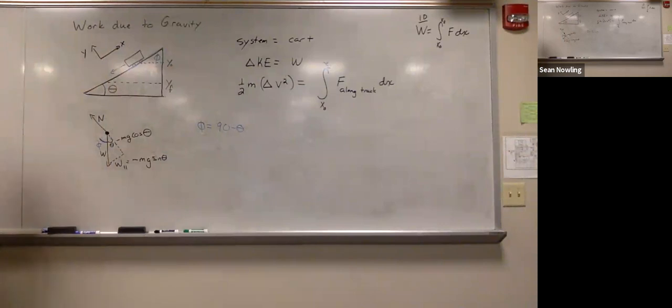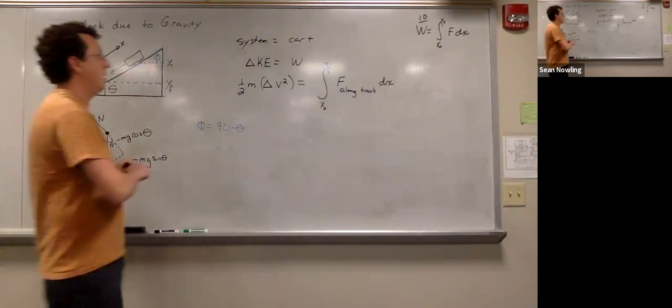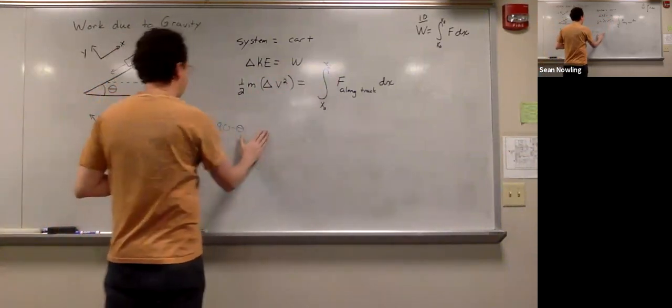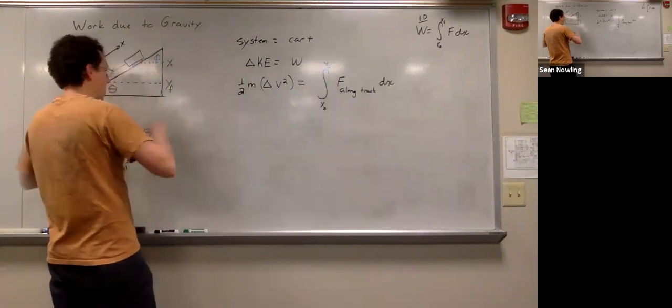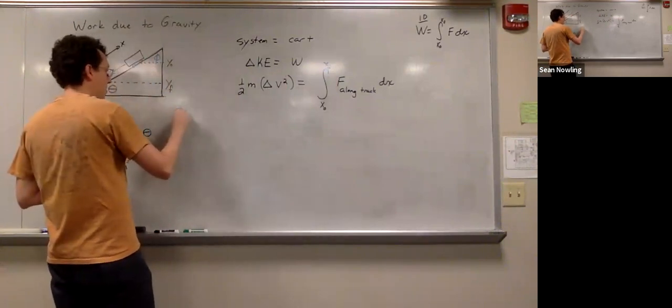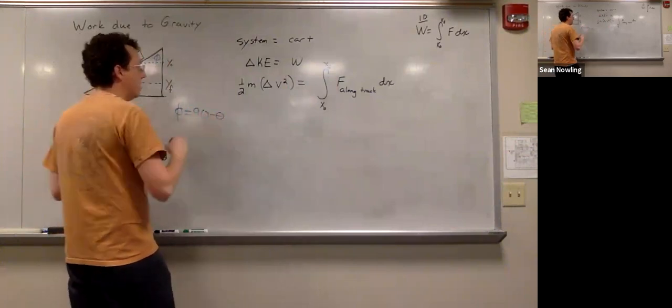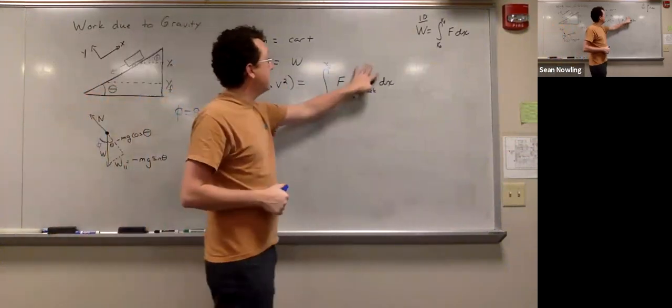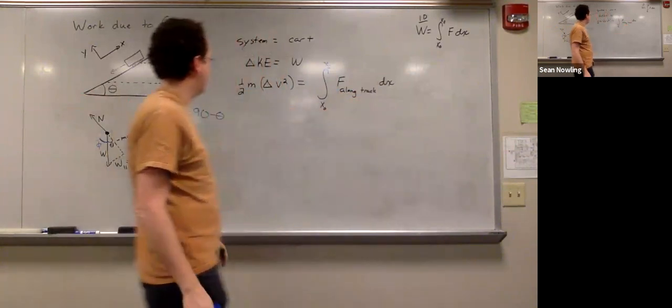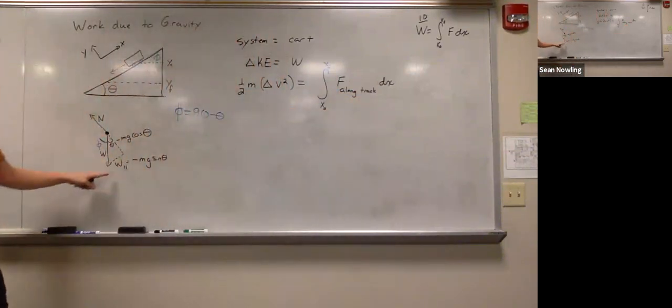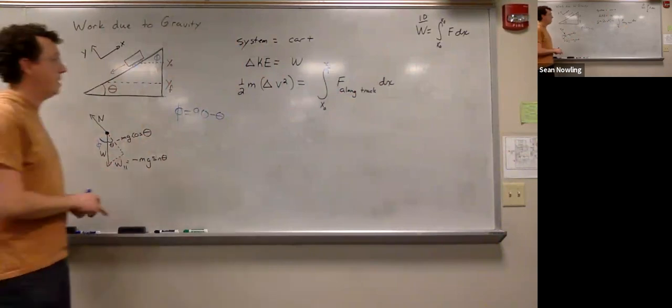All right, so now I'm going to plug in everything I know. Phi equals 90 minus theta. All right, let's evaluate this integral using my formula for the force along the track, which would be the weight parallel.